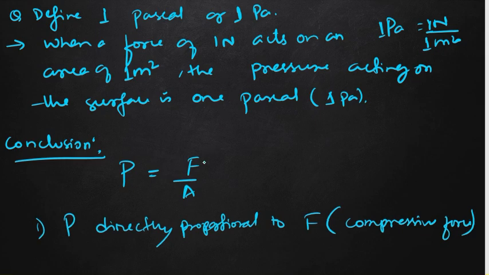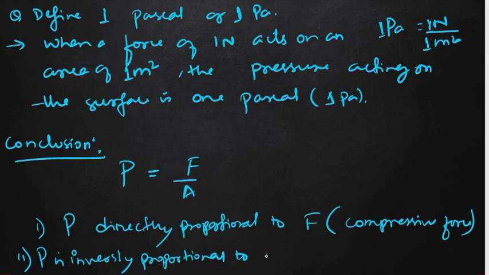As pressure and force are related with force in the numerator, they are directly proportional. Secondly, pressure is inversely proportional to area of cross section, because area is in the denominator.